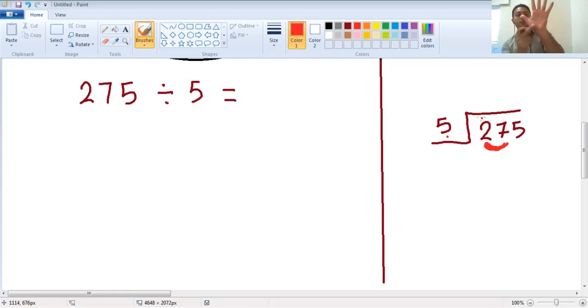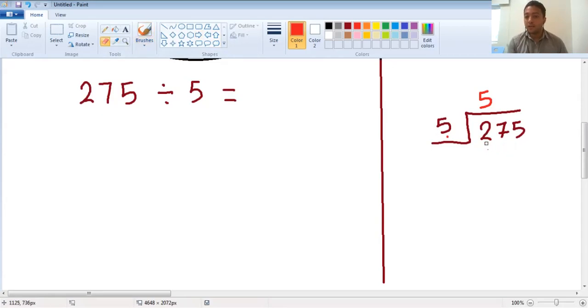This is 5, 10, 15, 20, 25, right? If I add another one, it will be 30. And of course, 30 is bigger than 27, right? So don't choose 6. There are only five groups of 5s.